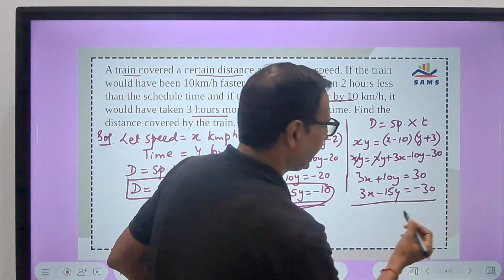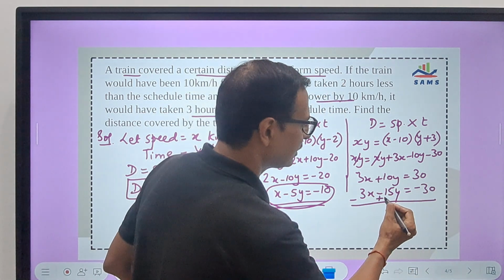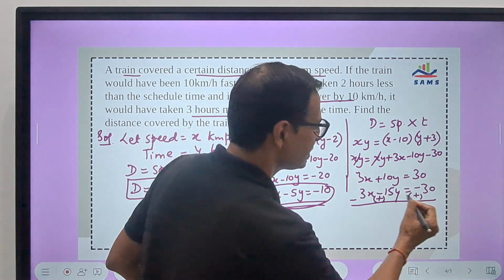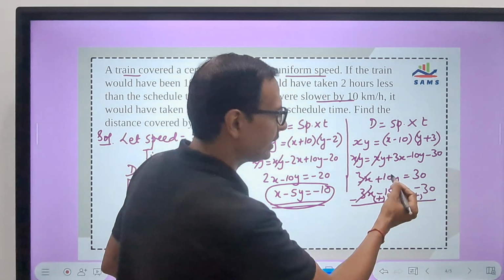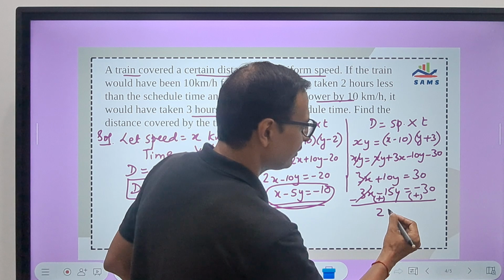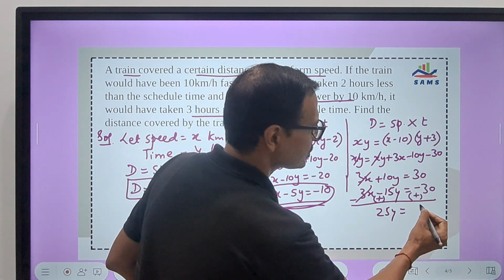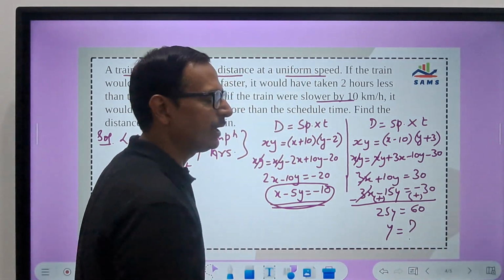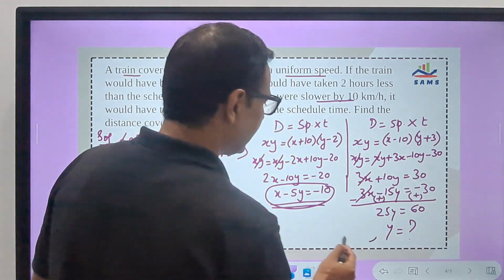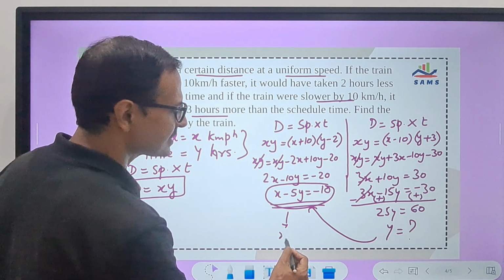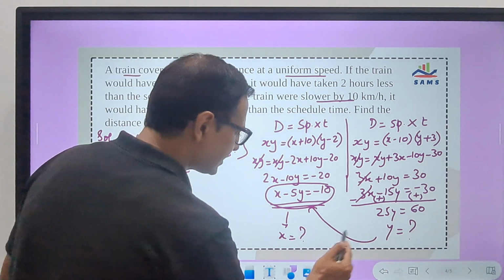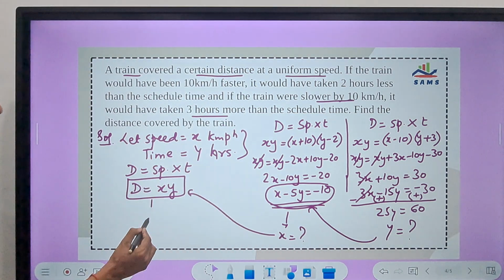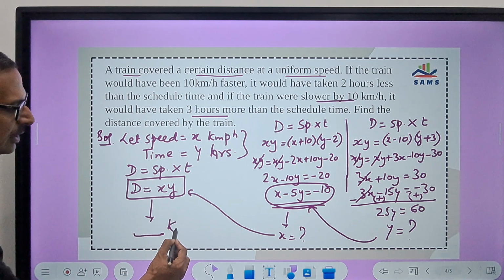And now I need to subtract. Sign change, 3x, 10 plus 15 is 25y, and likewise 30 plus 30 is 60, and you get the value of y from here. Now whatever value of y you get, put it here and get the value of x, and the value of x and y you have to put here and get the value of the distance in kilometers.